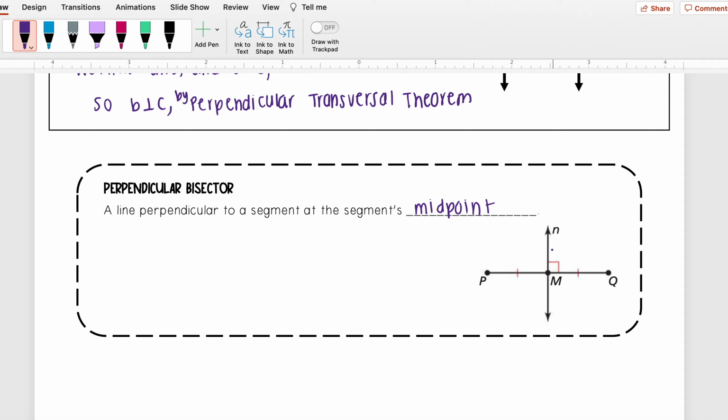And so we see that here, line N is perpendicular to PQ. And we see that it's cutting it in half, and I see that PM is congruent to MQ.